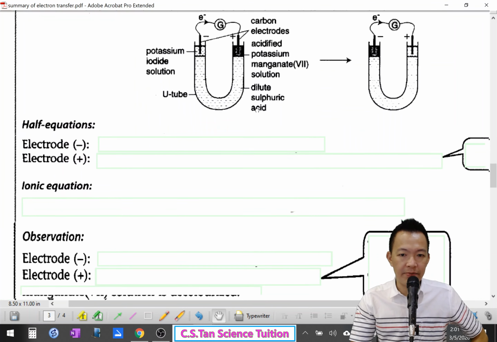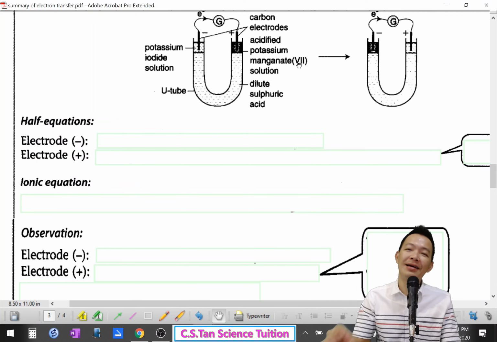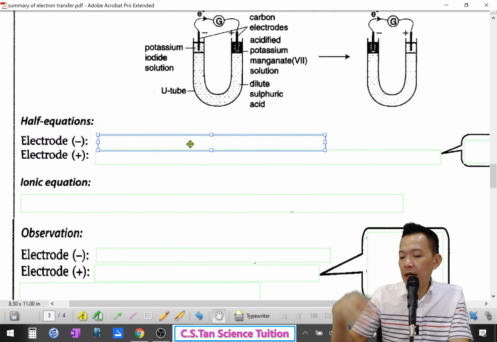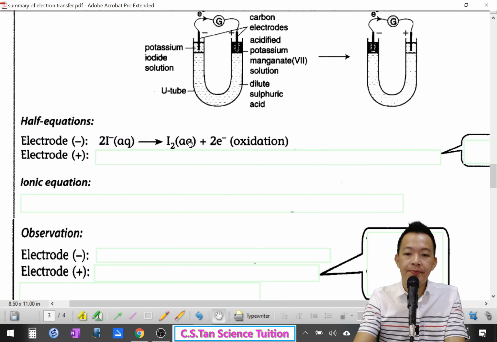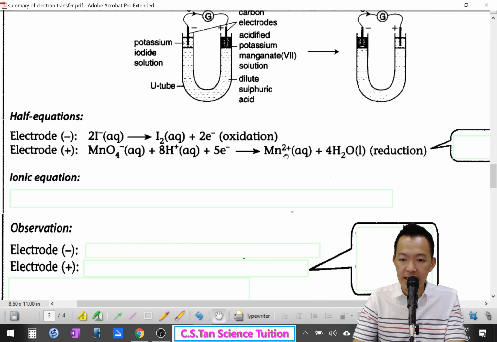Okay, and now you start to think about something. How to write the half equation for the reduction of manganate, right? So iodide loses the electron to become iodine. Losing electron is oxidation. Okay, manganate gains the electrons to become manganese.